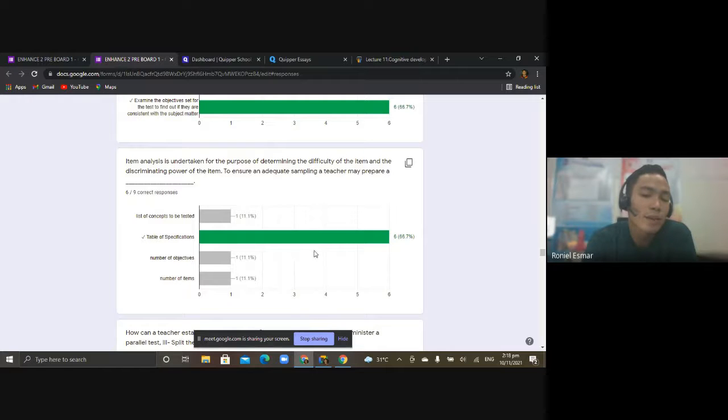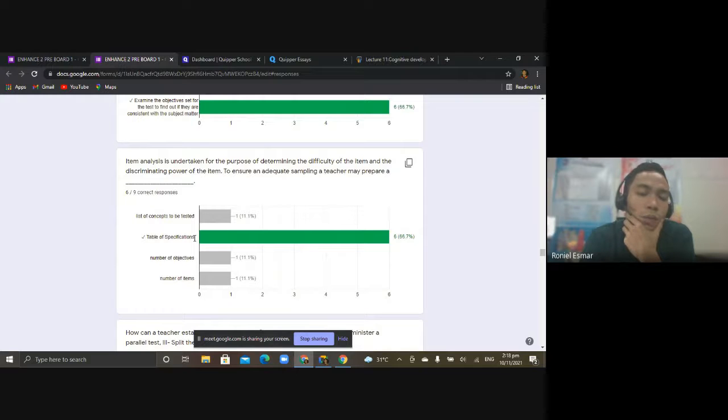Actually, the correct answer for this item is the table of specifications. That's the first step that you should be doing, and to fill out all the information in a table of specifications, to realign the learning objectives to every test item.